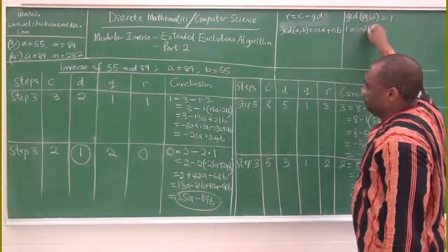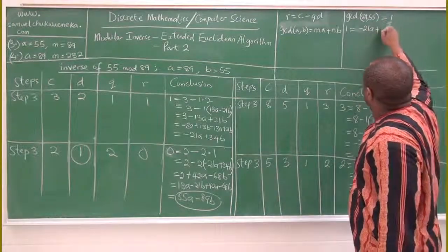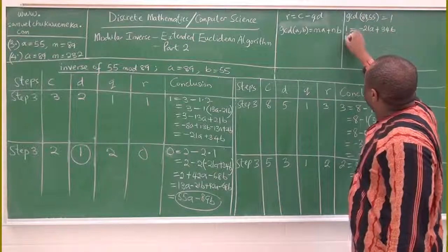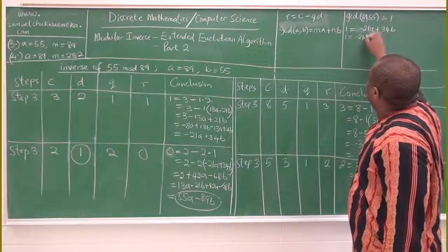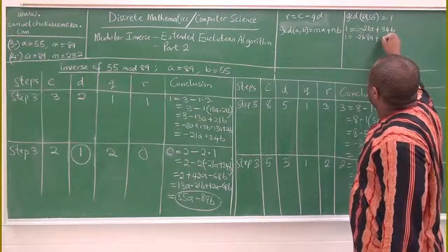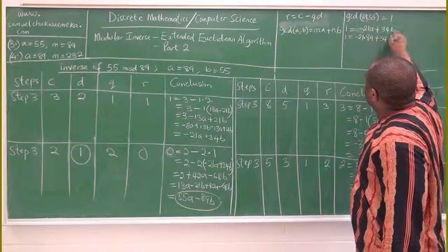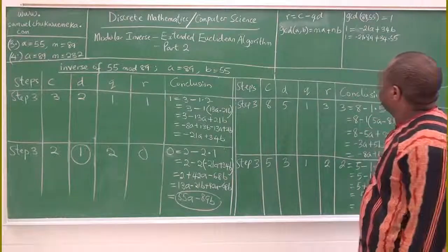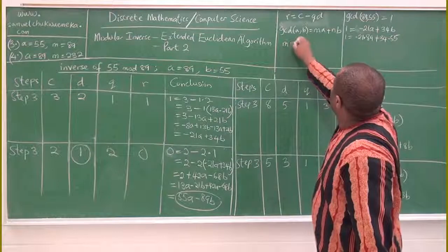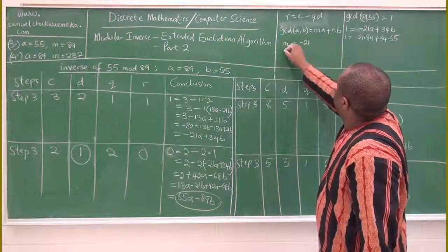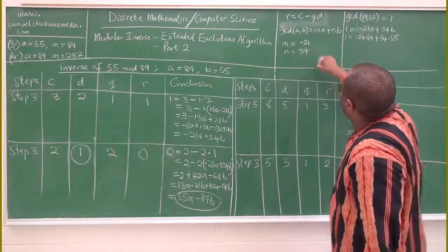Negative 21A plus 34B. So 1 will be equal to negative 21 times 89 plus 34 times 55. So the Bezout's coefficients are negative 21 and 34.